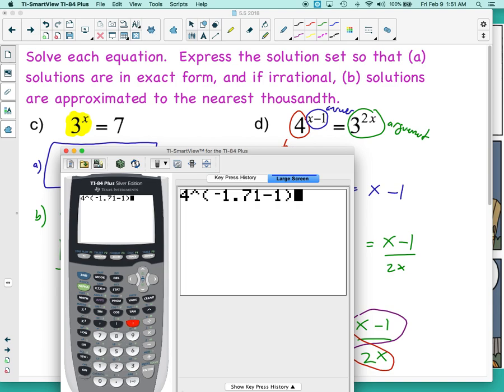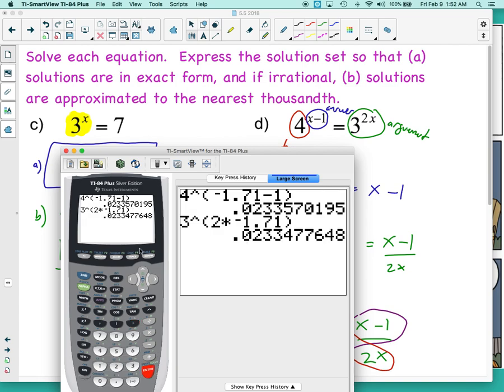It's 0.0233, and so on. Well, what about 3 to the power of 2 times negative 1.71? It had better be something really close to that. And we can see that it is. All the way up to the 10,000th place, they're the same.